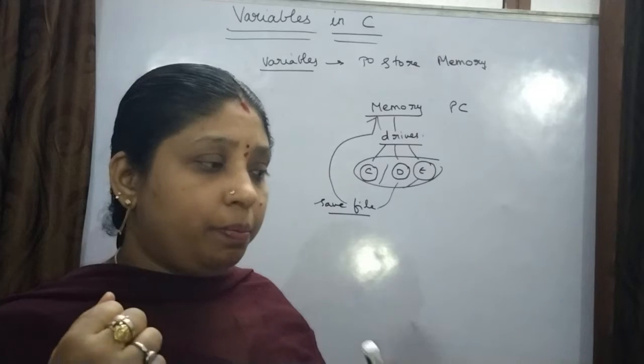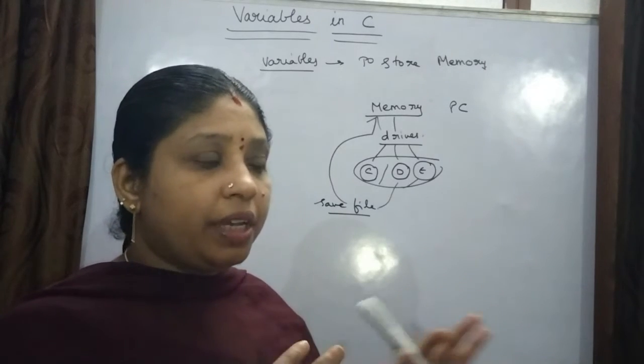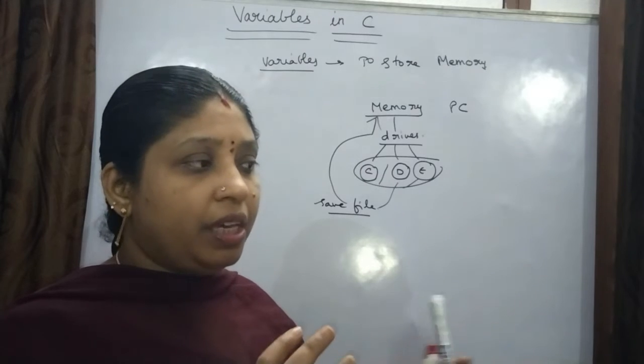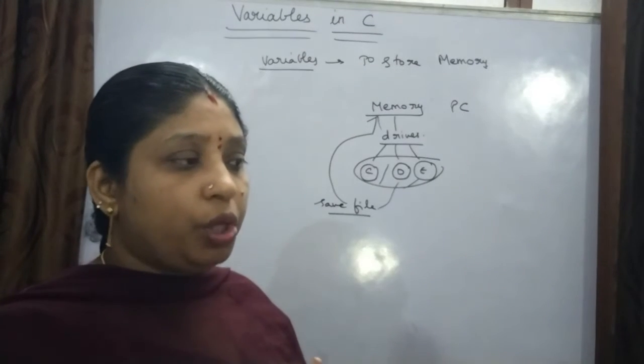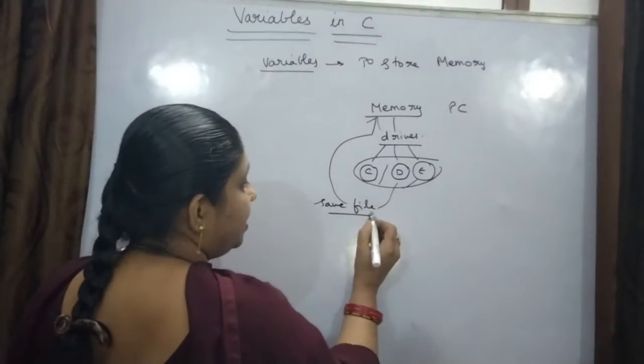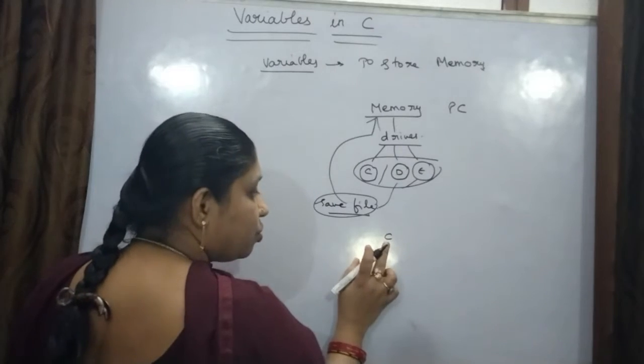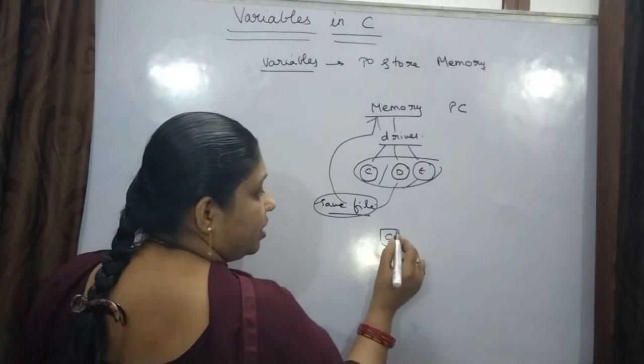So instead of making all those complications, while saving the file itself, you have to select the drive. Suppose you want to store in the C drive, select the C drive.